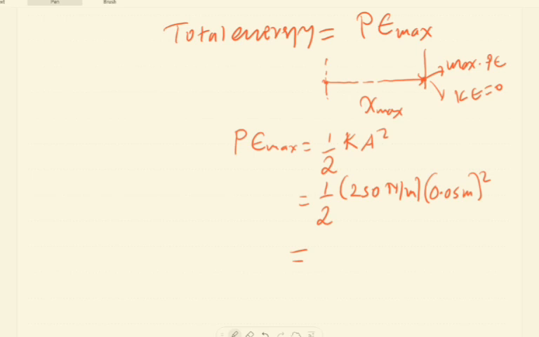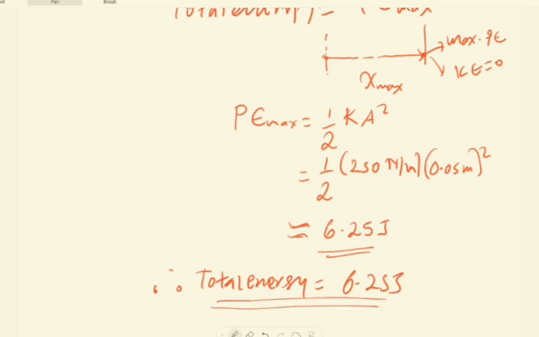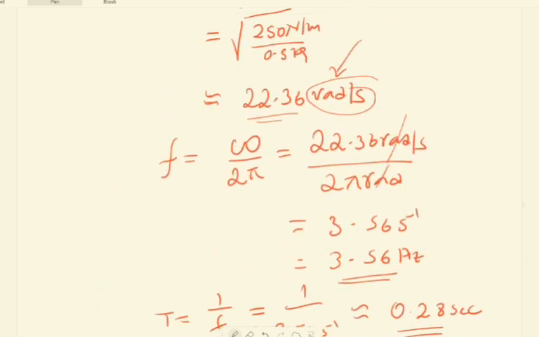Finally we would get a result of approximately 6.25 joule. So this will be, of course, the maximum potential energy. Therefore, the total energy is simply the maximum potential energy, or 6.25 joule. That's so nice. So here we have seen the basic things.